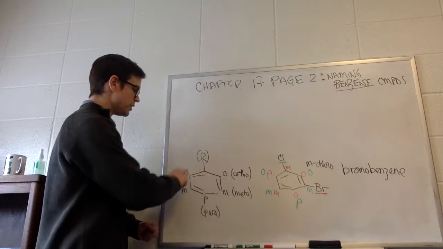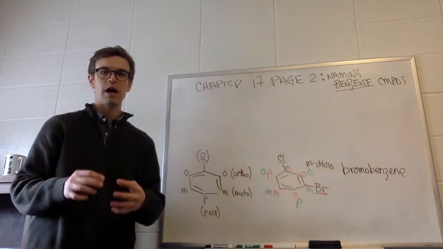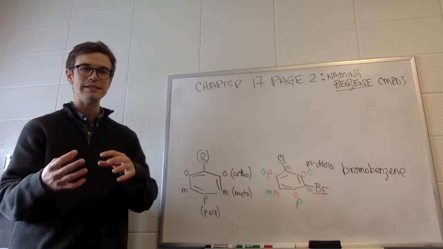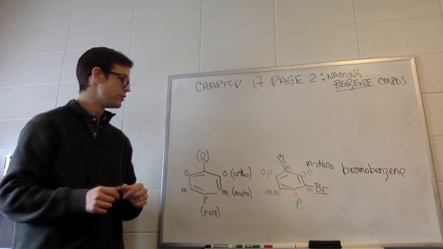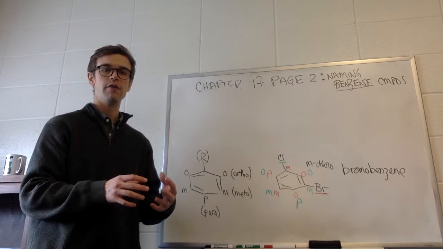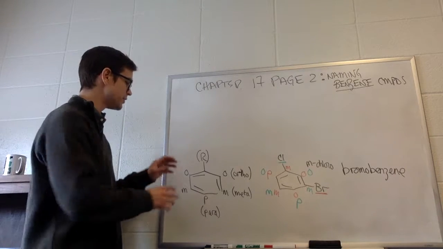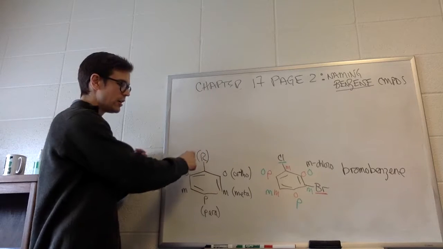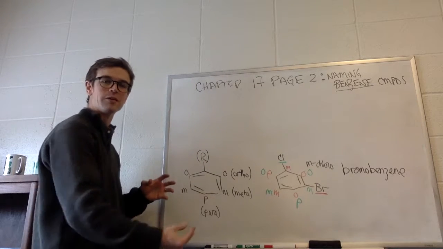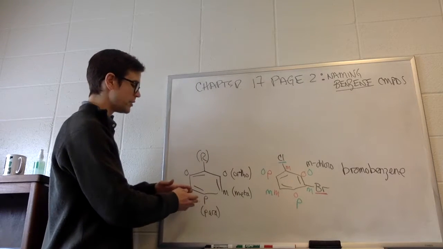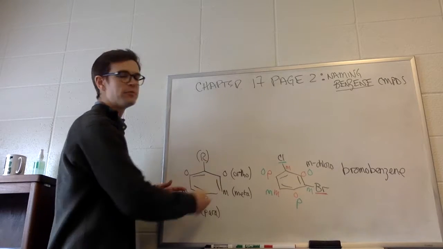Why is it important to know para, meta, ortho? It turns out that in chapter 18, we are going to do reactions of benzene derivatives. And in those reactions, depending on what the substituent is here, the group that is going to be added to the benzene ring will be directed to specific positions.